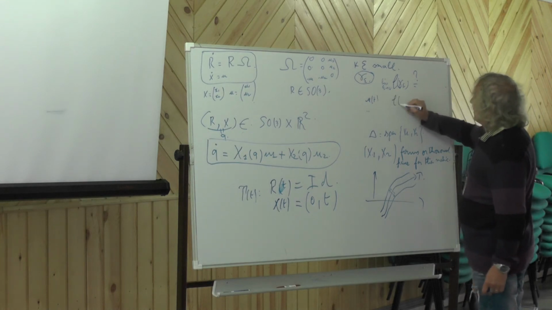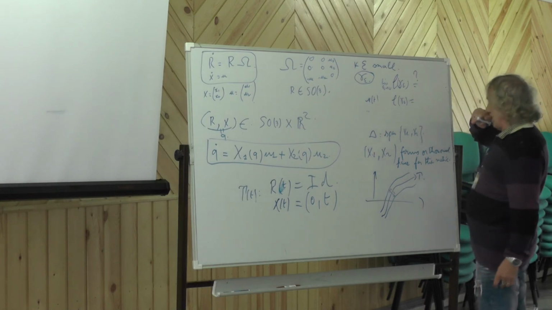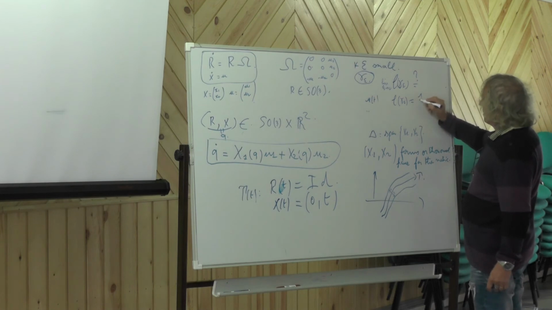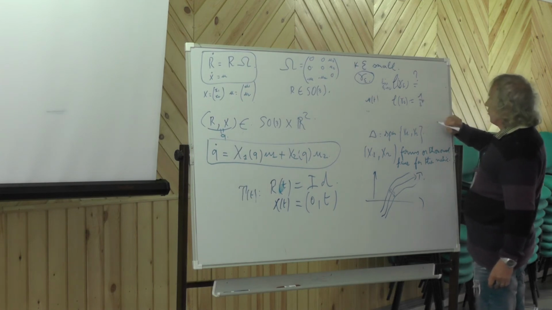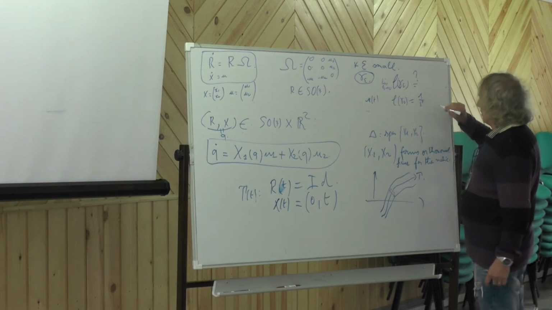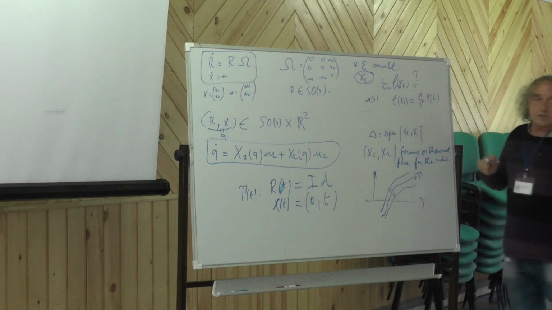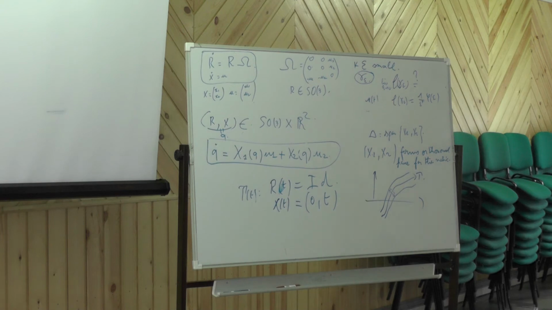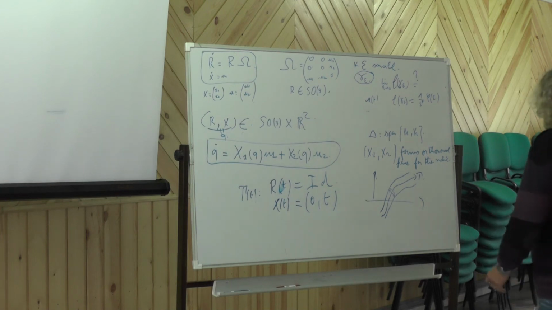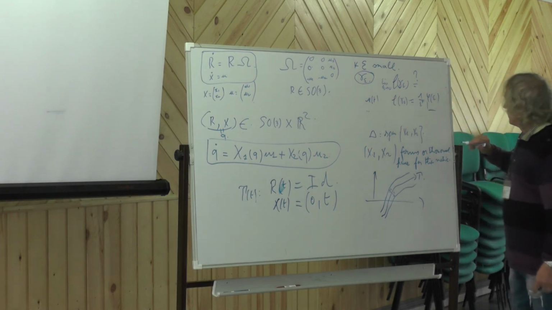This L of gamma epsilon, at best, will be of the following form: 1 over epsilon to the p, times a certain function phi of epsilon, which is smooth.